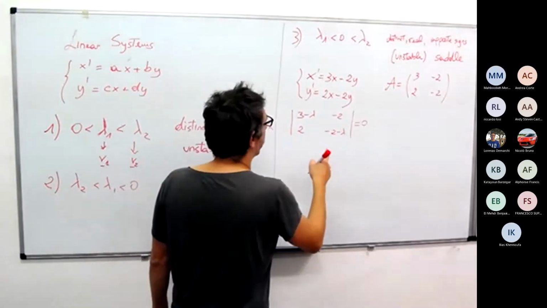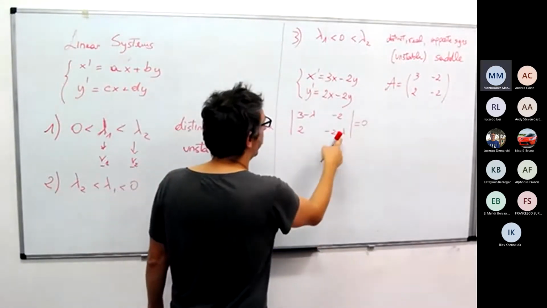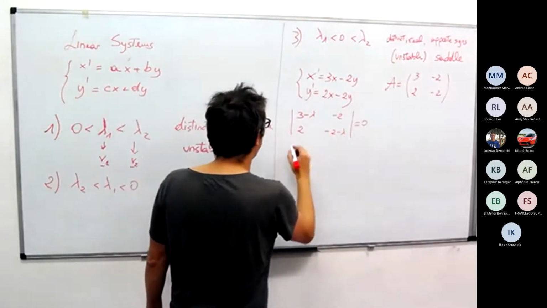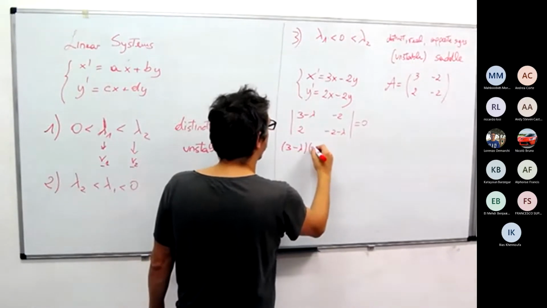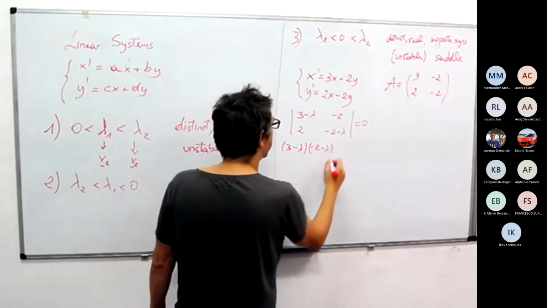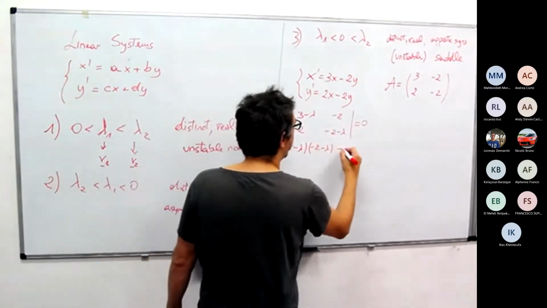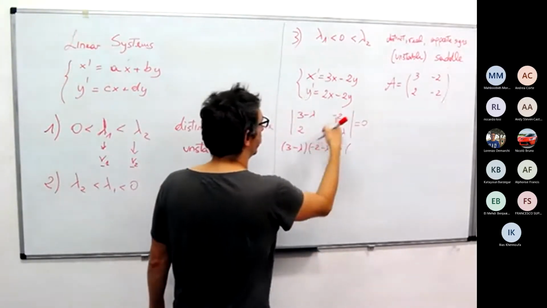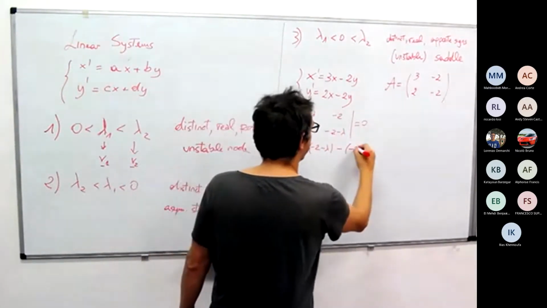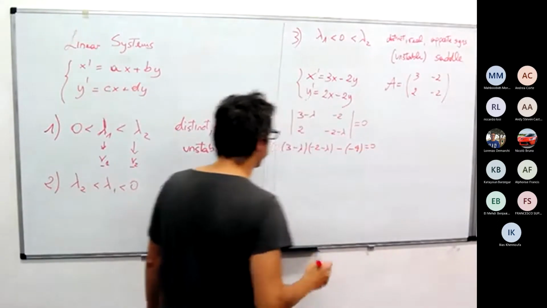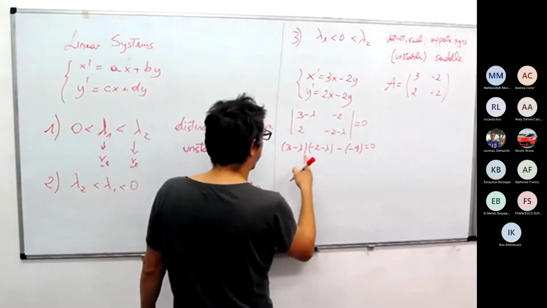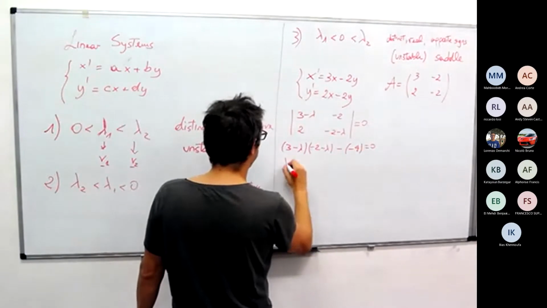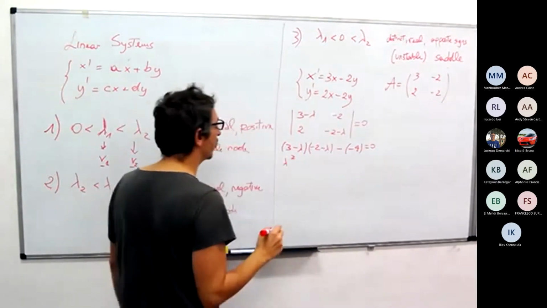So that means this is giving me 3 minus lambda times minus 1 minus lambda. Then I have minus this times this, which is minus 4. This is equal to 0. So what do I have here? It's minus lambda times minus lambda, which is lambda squared.